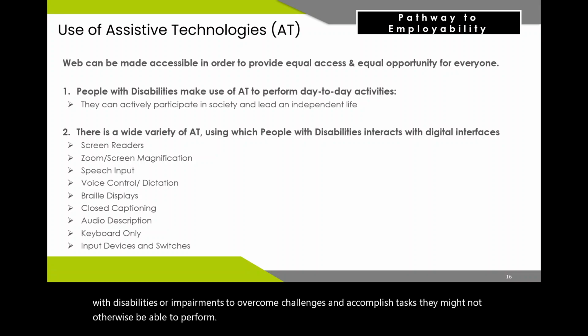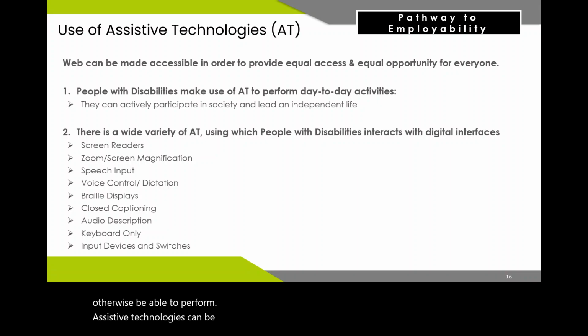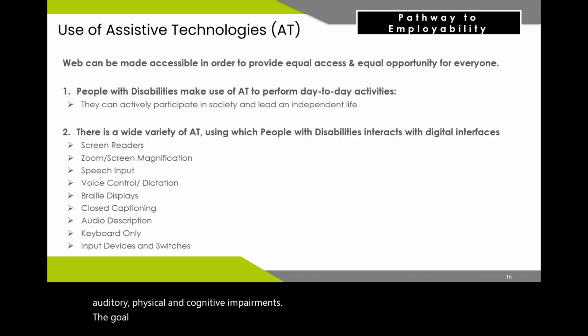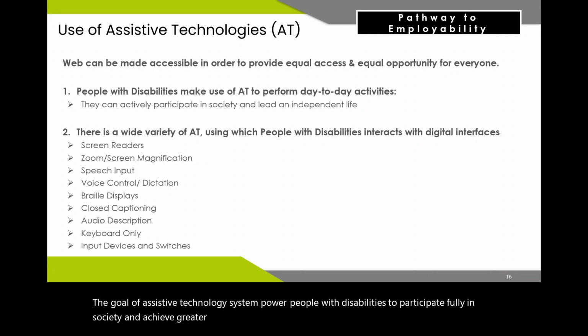Assistive technologies can be used to address a wide range of disabilities, including visual, auditory, physical, and cognitive impairments. The goal of assistive technologies is to empower people with disabilities to participate fully in society and achieve greater independence and quality of life. Let's see how assistive technologies, AT, can be helpful to solve accessibility challenges.